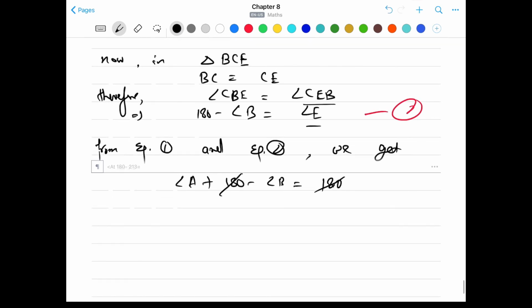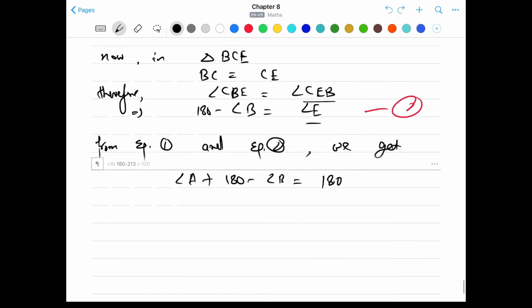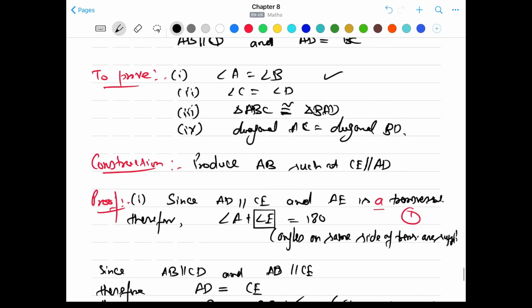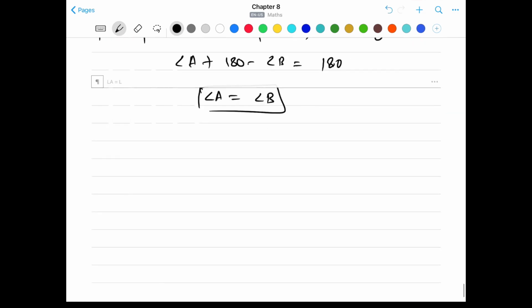So these two 180s will be cancelled out. What remains is angle A minus angle B equals 0. So when you shift minus B to the right hand side, angle A equals angle B, and that's what we were asked to prove in part 1. Okay, so we have proved part 1.